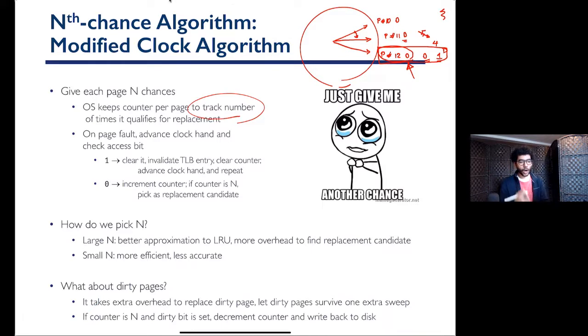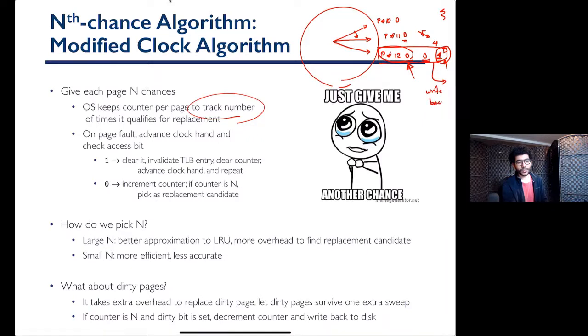So one option that we have is to use this bit as an extra chance, right? Once your chances become 0, then you're relying on your dirty bit. If your dirty bit is set to 1, I can just start a write back.